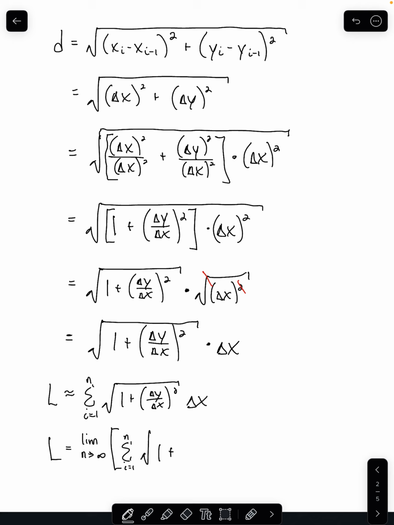But at the same time, the delta y over delta x will become dy over dx. So we will have the definite integral from a to b of the square root of 1 plus dy dx squared delta x, or I'm sorry, dx. But dy dx is nothing more than the derivative of the function that we are finding the arc length of.